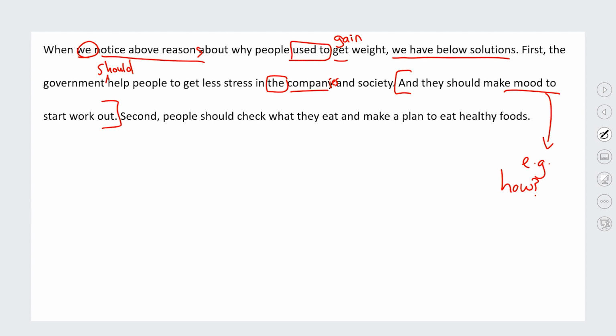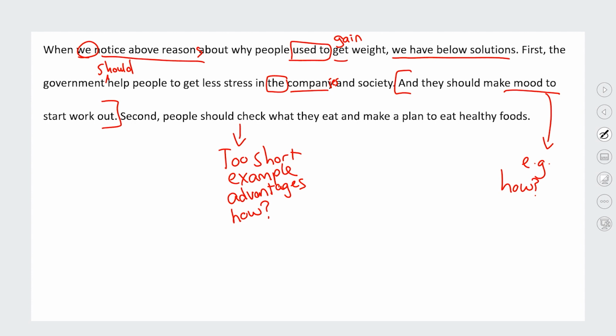"Second, people should check what they eat and make a plan to eat healthy foods." Too short. This should be expanded. You should give an example. You should talk about the possible advantages, or how can we make people do this? How would we make people plan to start eating healthy foods?